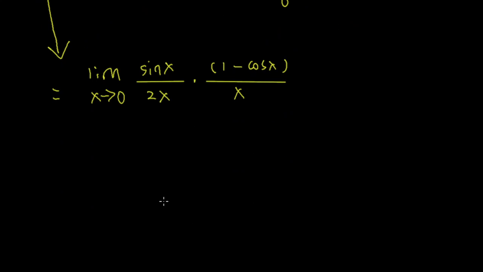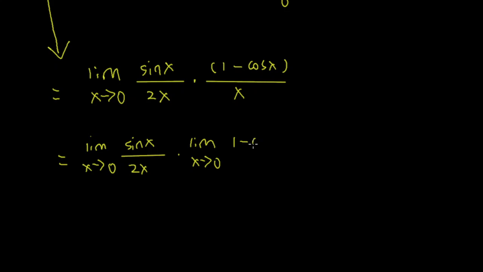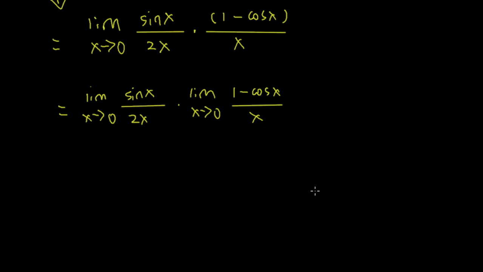Now, I would use the property of limits and distribute the limit to both of these terms. So I have the limit as x approaches 0 of sine x over 2x, times the limit as x approaches 0 of 1 minus cosine of x over x. Now, this is just a constant 1 over 2.